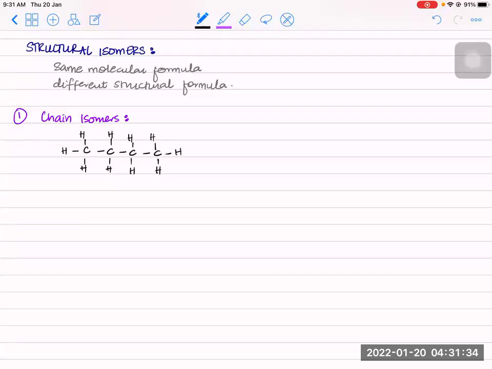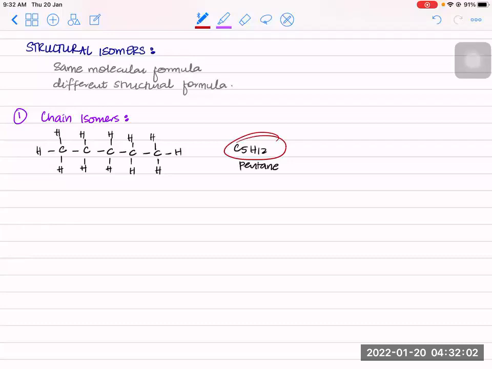So this is C4H10, butane, right? Or if you want, let's add another carbon. Let's make it a pentane, so I can show you the chain isomers. So this right here is C5H12, and this is pentane.